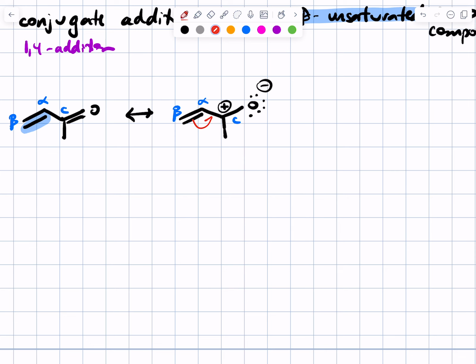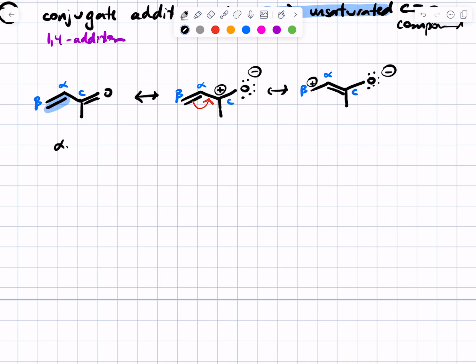But you can also move the pi electrons between the alpha and the beta carbons over to make a new pi bond between the carbonyl carbon and alpha carbon, leaving a positive charge on the beta carbon. That tells you that alpha-beta unsaturated carbonyl compounds are electrophilic, or reactive, at two locations.